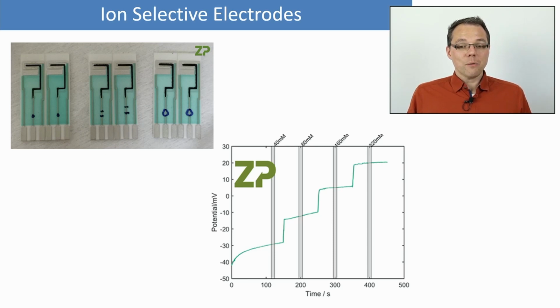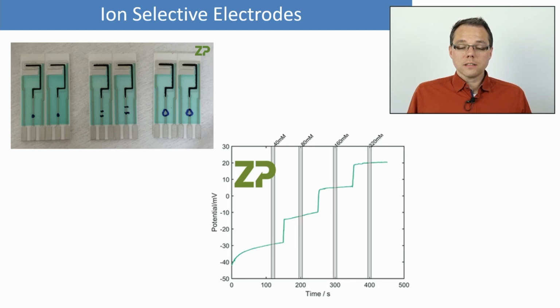This would be a great point, as we're towards the end of the theory part, to wake you up a bit. I have another poll. I wonder if you have already worked with ion selective electrodes. We have a poll for that running right now. The most popular ion selective electrode is usually pH, but of course there are other ones, like for wounds it's interesting to know the sodium or potassium content, but there are also other types of ion selective electrodes.